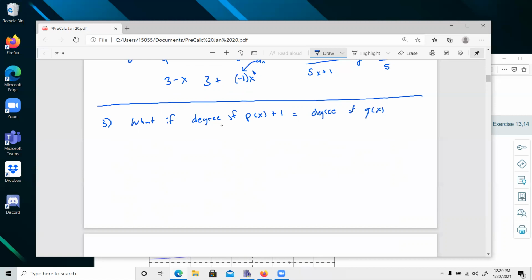What we mean here is the degree of p of x is 1 larger than q of x. So you're looking at something like x squared minus 1 over x. It's a little bit bigger.